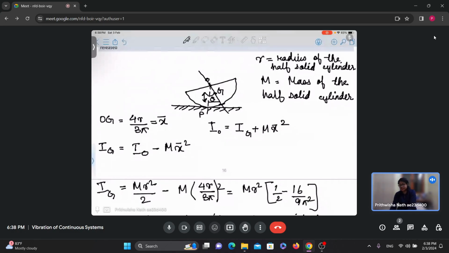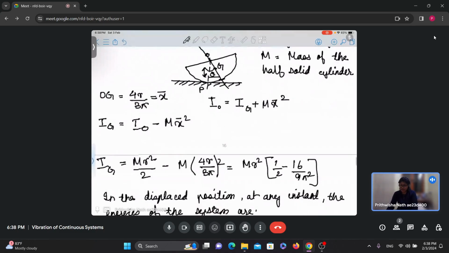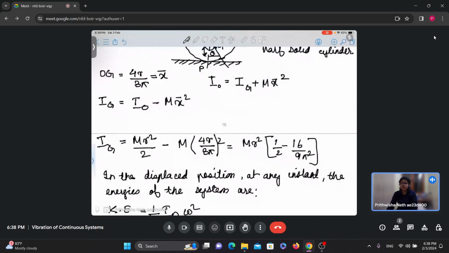So rearranging it in terms of IG, we can write it as IO minus M x bar square. So we know IO is mr square divided by 2, and we simply substitute x bar as 4r by 3 pi. So solving it, we get IG.